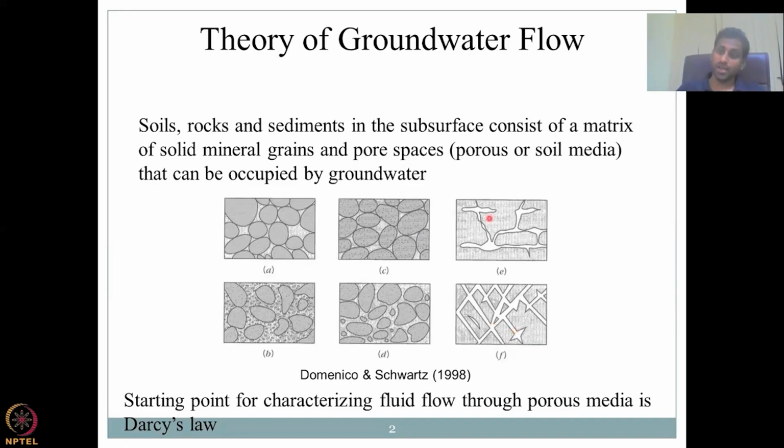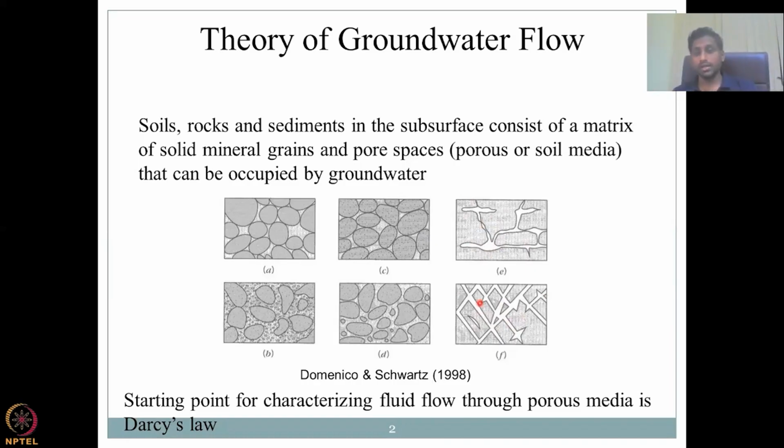And those cracks are called fractures. And it can either be small or irregular or a more regular pattern, okay, depending on the material of the rock, the type of rock. And they can be connected or not connected depending on the rock material. So once they're connected, then the water will flow.